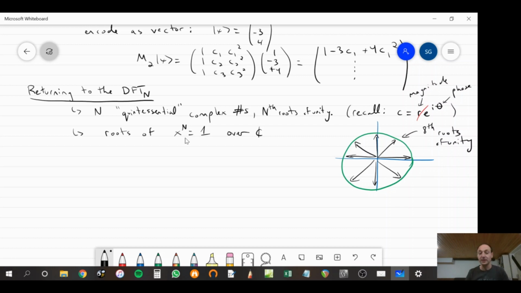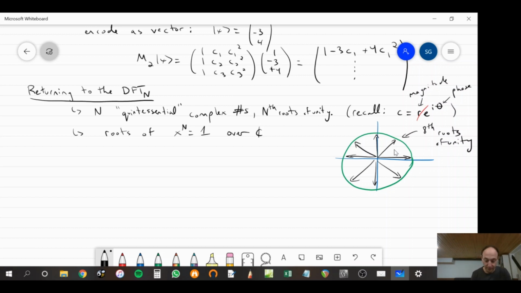So what are these things? If you stare at the picture, it's pretty simple. I've got basically 2 pi radians in terms of my rotation space. I'm going to divide it evenly among 8 vectors. So obviously what I'm going to do is take 2 pi and divide it through by multiples of 8, and that will give me precisely the 8th roots of unity in this example.